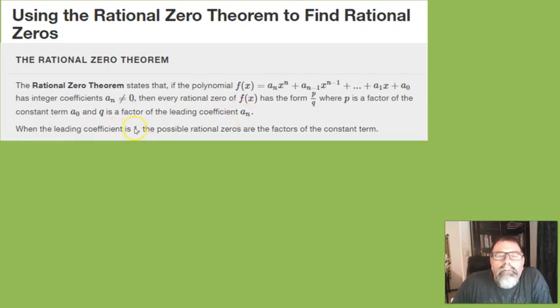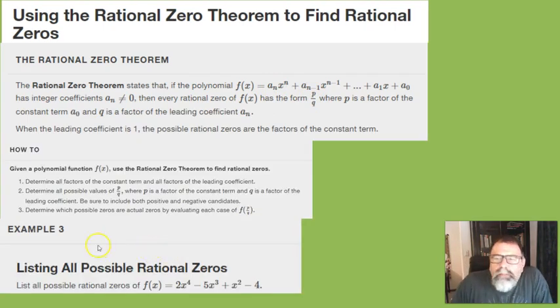Where the leading coefficient is 1, the possible rational zeros are the factors of the constant term. So we're going to take factors of the constant term, the last term, and factors of the leading coefficient, and put them as fractions, where p is a factor of the constant and q is a factor of the leading term. Okay, so let's look at example 3. List all possible rational zeros.